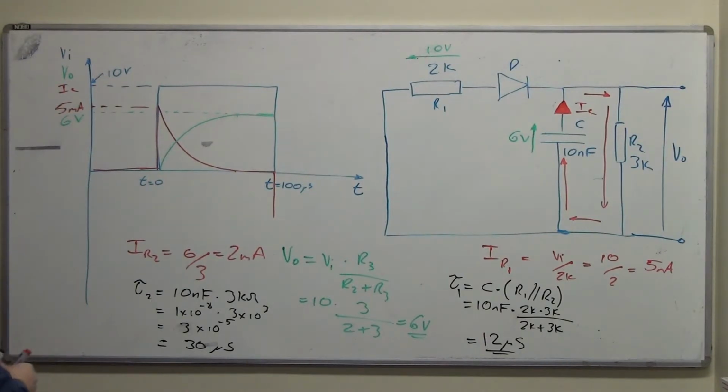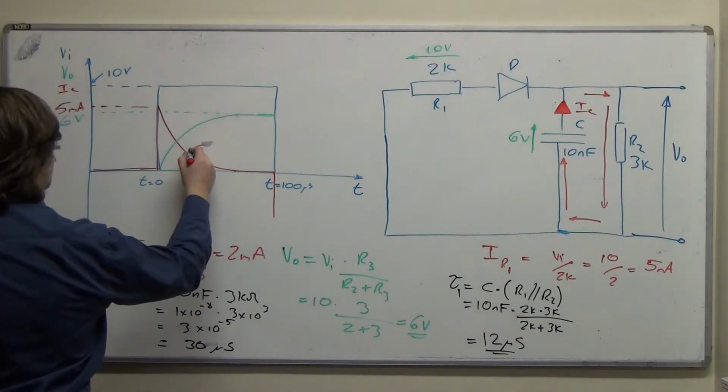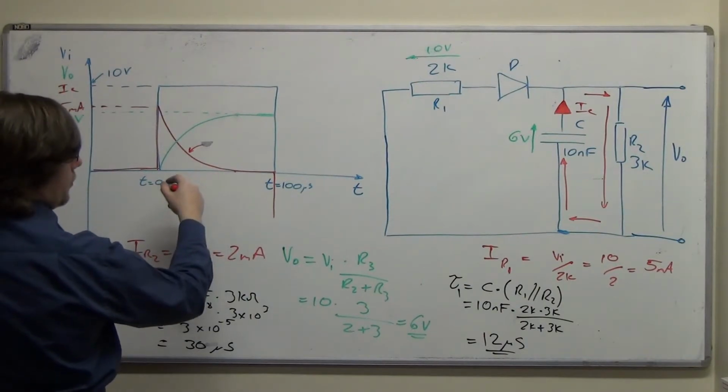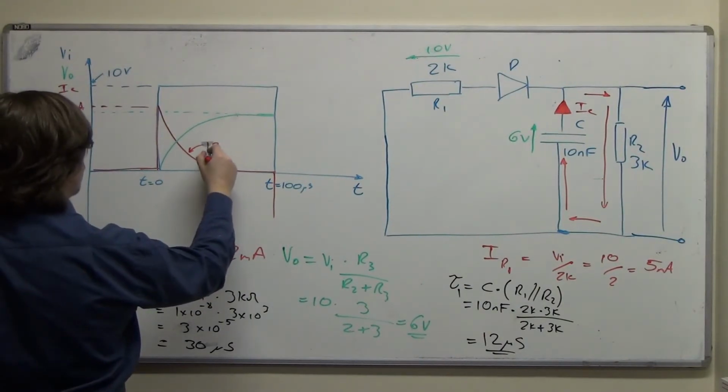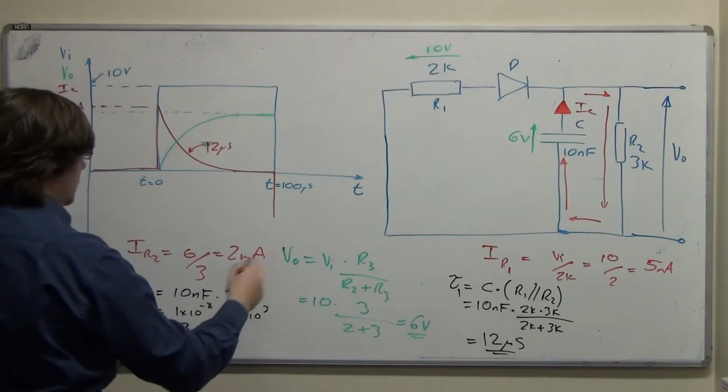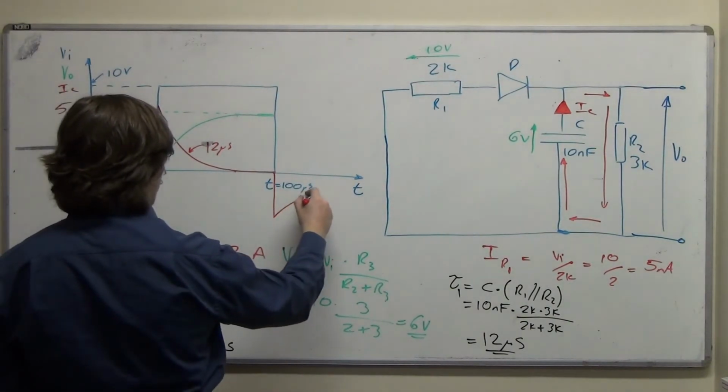So we have a time constant for this bit of 12 microseconds, and a time constant for this bit of 30 microseconds. It's quite a bit longer actually.